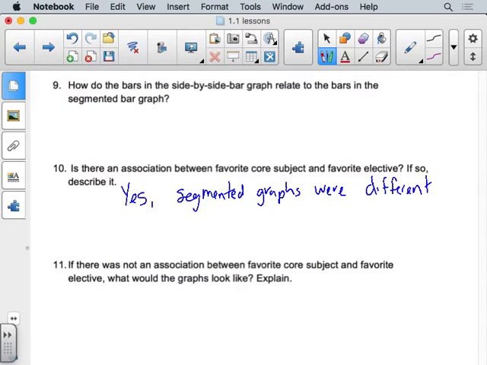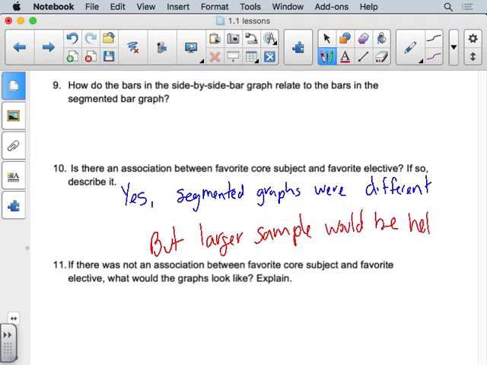So, yes, but a larger sample would be helpful. Sure, we can interpret something, but it would be really hard for me to make a whole justification about all AP students at Bryan High just from y'all as 13 people. That'd be pretty harsh for me to do, especially because there weren't big differences.